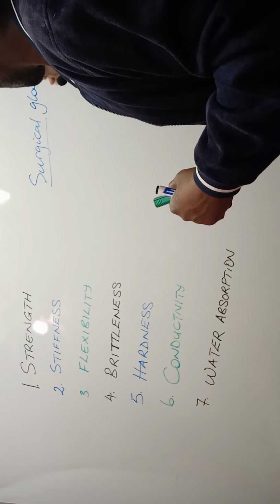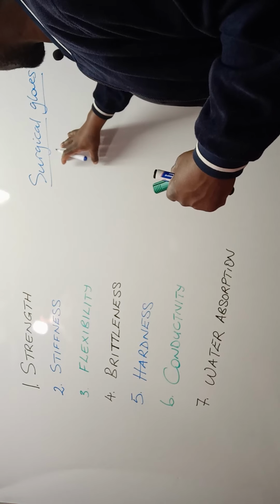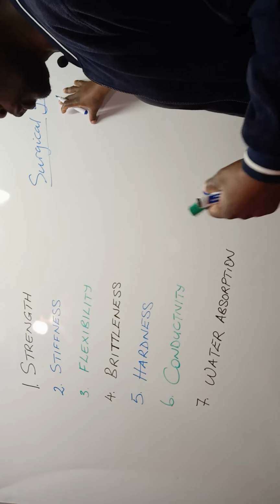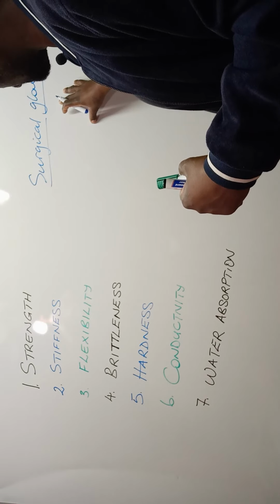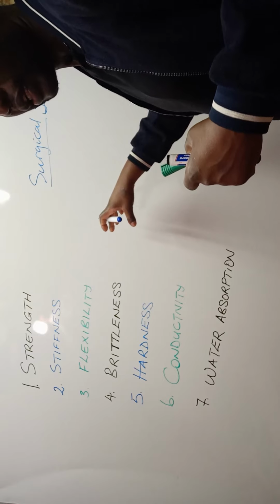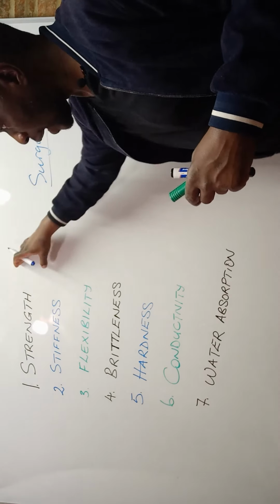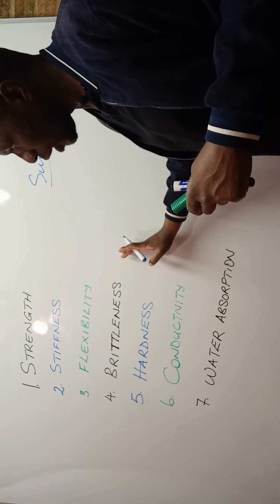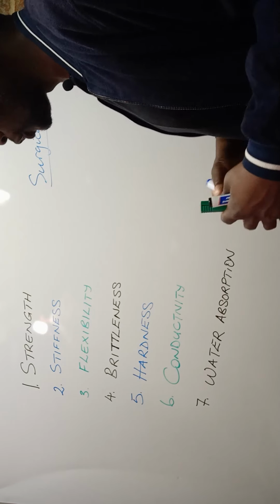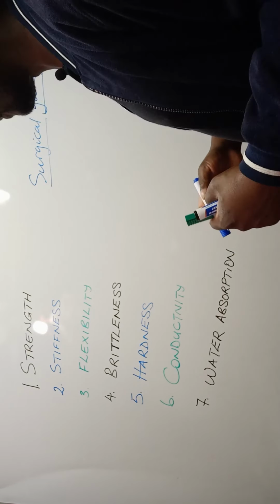Now, when we look at the purpose of surgical gloves, we must choose a material that suits the purpose. This is a list of some of the properties that as a scientist you need to know and be able to define.